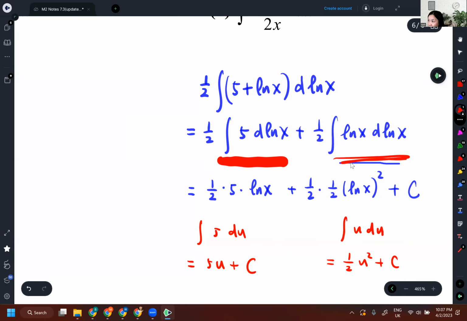This is what I mean by separately. You see? Here and here, a different answer. This is Sophia's answer: 5/2 log x plus 1/4 (log x) squared plus c.